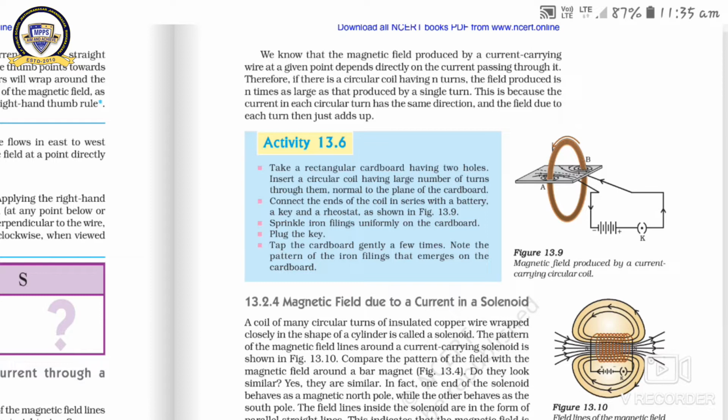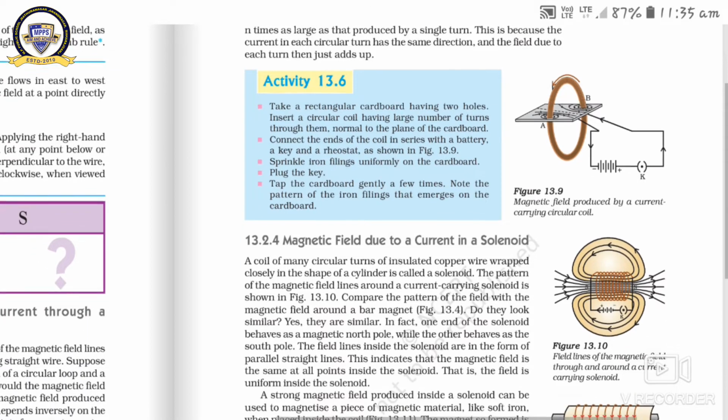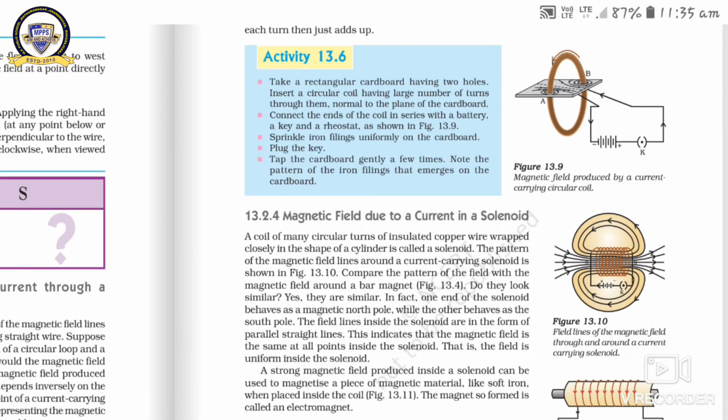Now plug the key and tap the cardboard gently a few times. Note the pattern of the iron filings that emerges on the cardboard. Figure 13.9 describes the direction, the intensity and the structure of the magnetic field around the circular wire.